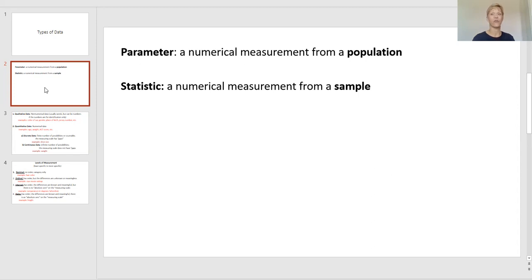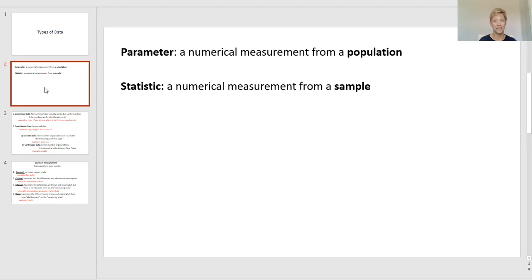If I got data from all the post-secondary schools in the whole world, that's probably not practical. But if I did, and that average was 21 and 2/10, that'd be a parameter. More than likely, though, I would have done a study and gotten a sample from several places and give you a statistic. So it matters whether it's a parameter or statistic.